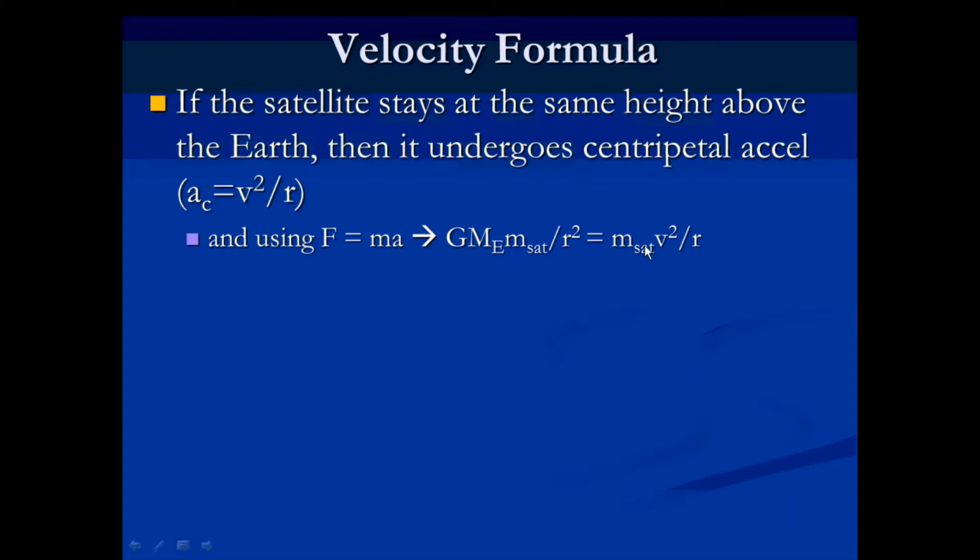The mass of the satellite. Right, so we can get rid of that as well. And then we just have to take the square root of both sides, and the velocity is this guy right here. So we can figure out how fast the satellite needs to be going around the Earth at a particular height above the Earth's surface, or more specifically in this case, at a particular distance from the center of the Earth.